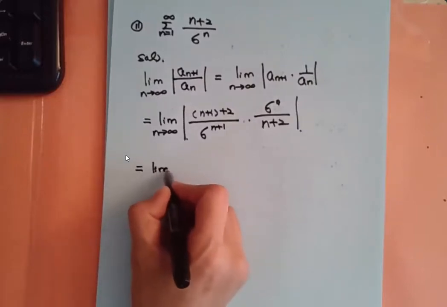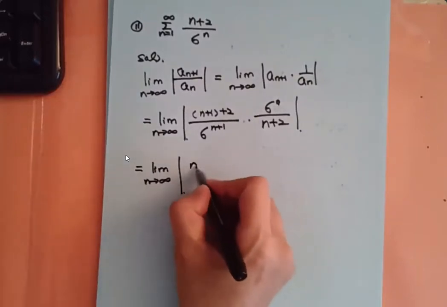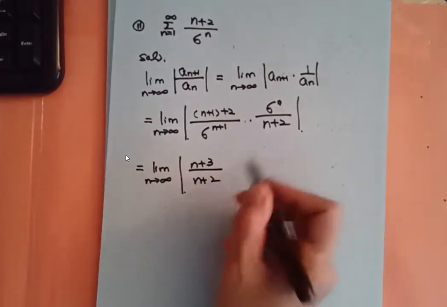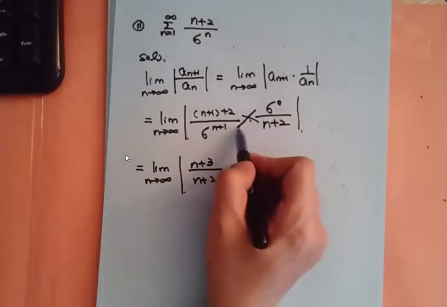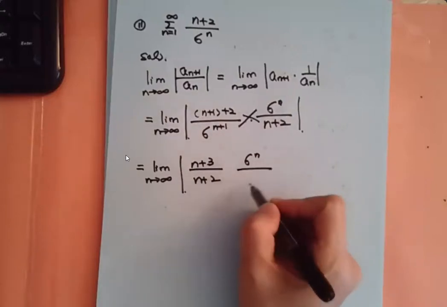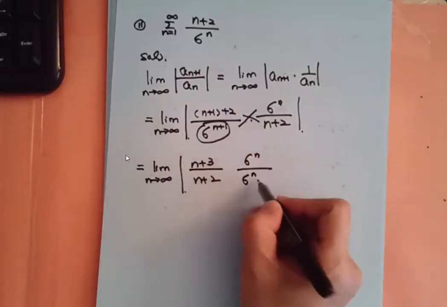So that is limit as n goes to infinity, n plus 3 over n plus 2. We just combine those, and then 6 to the n power over 6 to the n plus 1 can be written as 6 to the n times 6.